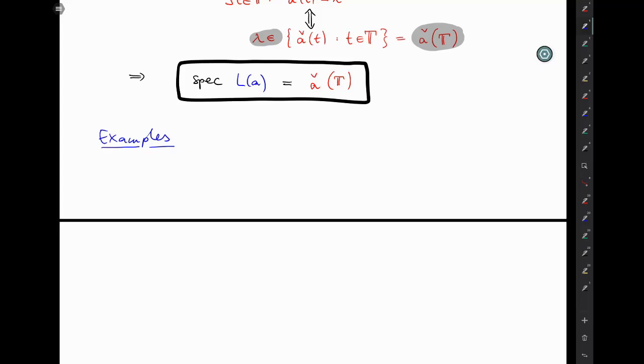Our first example was the identity operator on little l2 of Z. And that was convolution by this sequence here. And let's again mark the 0 slot with a little box. So what do we have to do now?